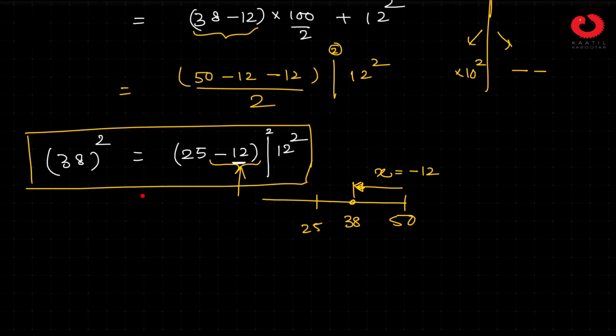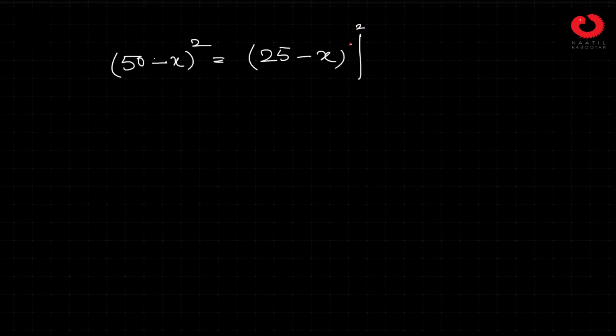So now generalizing this formula, we can write that any number, suppose if I write 50 minus x square, right now it was minus x, we can write it as 25 minus x with a 2 and then x square.